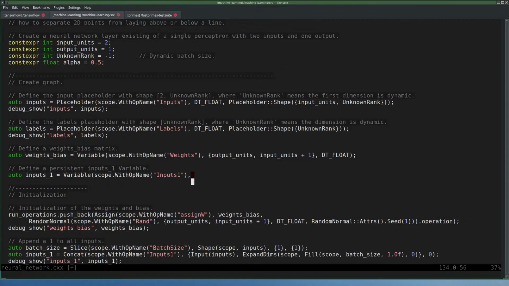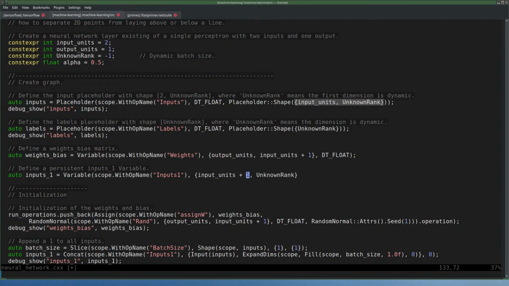Let's see, inputs. Placeholder shape. No. It's an unknown rank. Is that even possible then? I don't know if that's going to work.